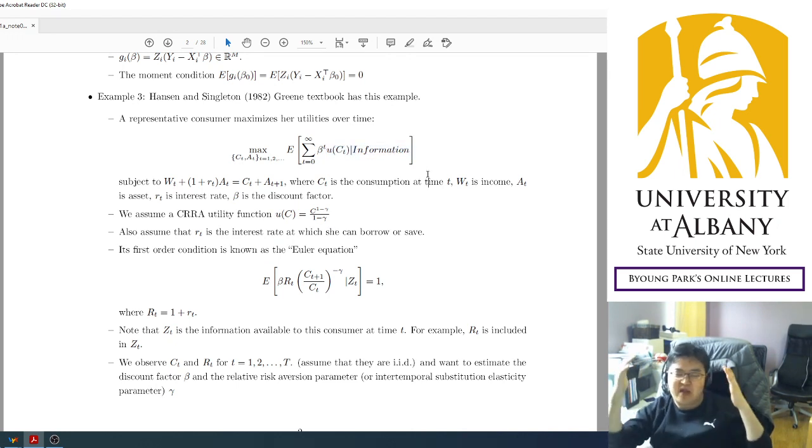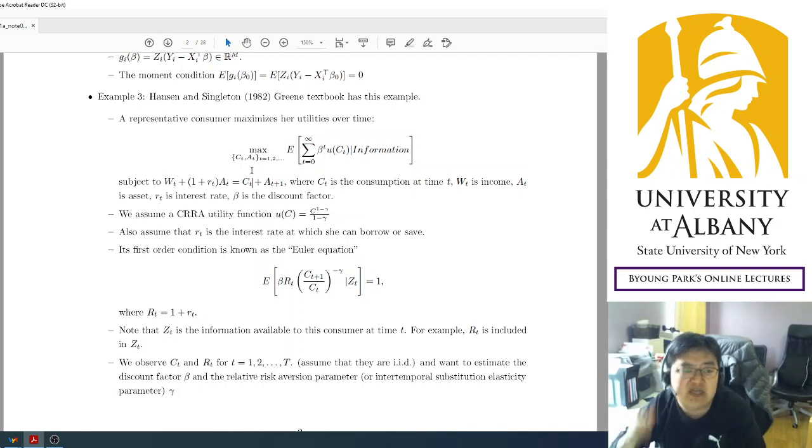So you have to expect how the economy will do, whether the stock market will increase next year or not, whether there will be a financial crisis or not. So you have to take expectation based on your information. Here C is the consumption at time t, and A_t is the asset you have at the beginning of time t.